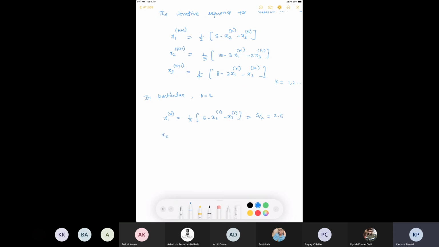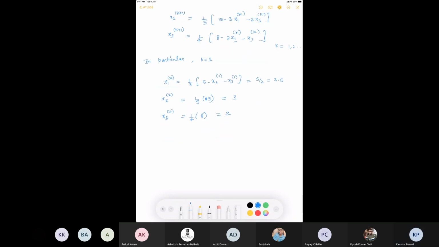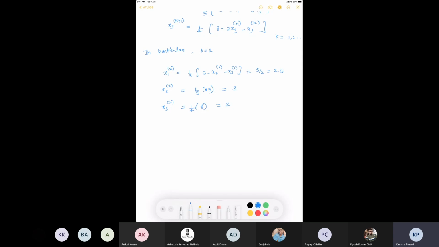And x2, 2 is going to be 1 by 5, and x1 and x3 are also 0. So I'm going to get 15 here. So this is going to be 3. And x3, 2 is going to be, so x1 and x2, when k is equal to 1, they are 0. So I'm going to get 1 by 4 times 8. So this is 2.